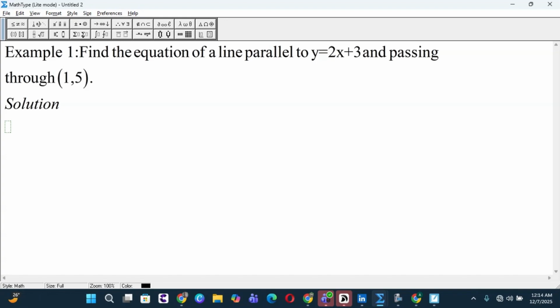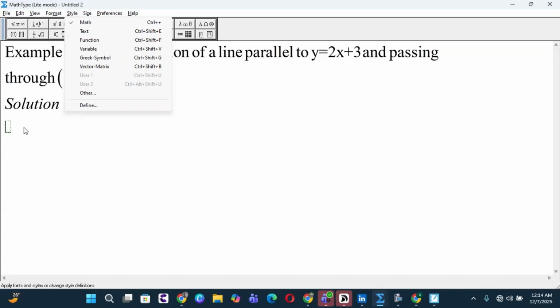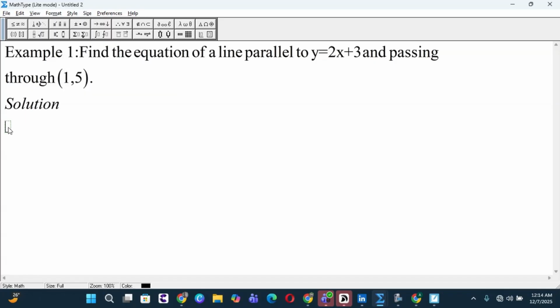So to find the equation of that line, we're going to use the formula y minus y1 equals m into x minus x1.